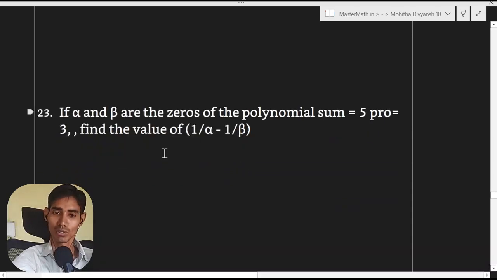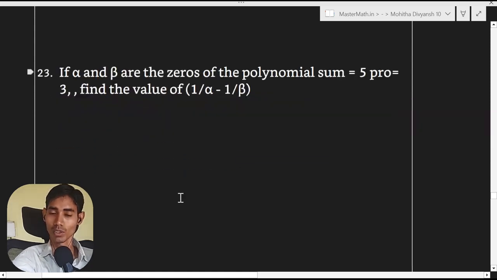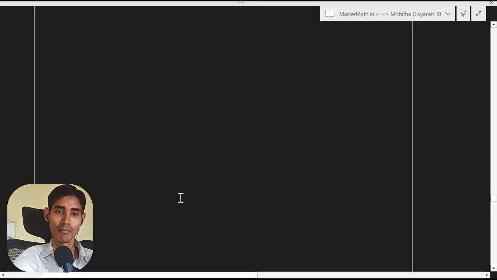Very easy. So I changed this question. Initially the sum was not 5 and 3. This was something else. The polynomial was given, but I changed it to make it a little complex. So it's the same thing, minus identity.